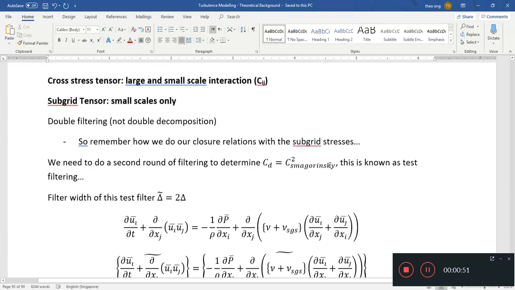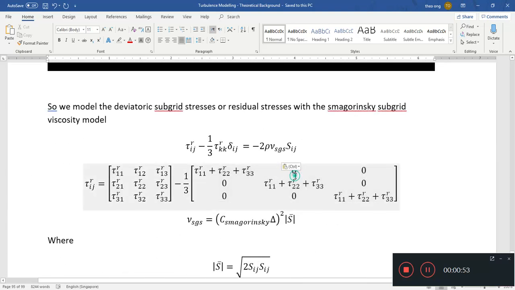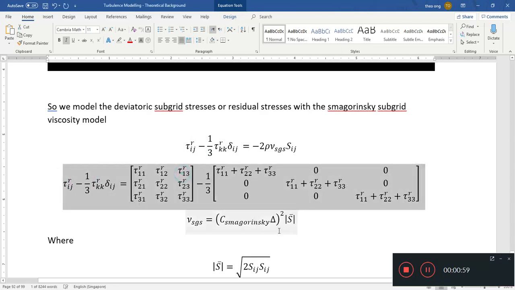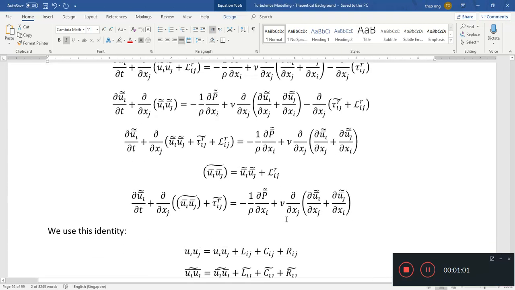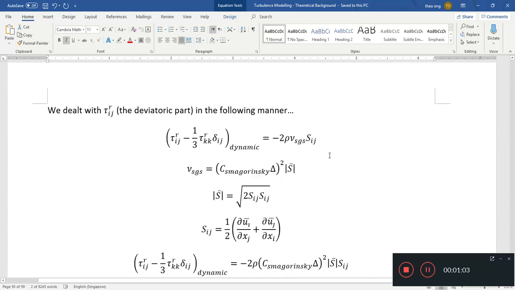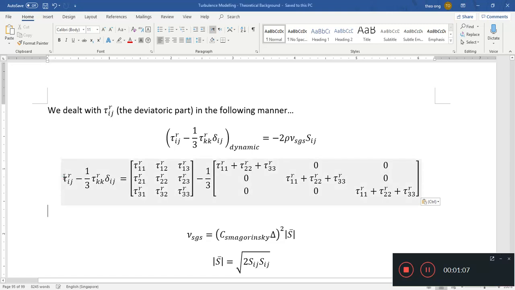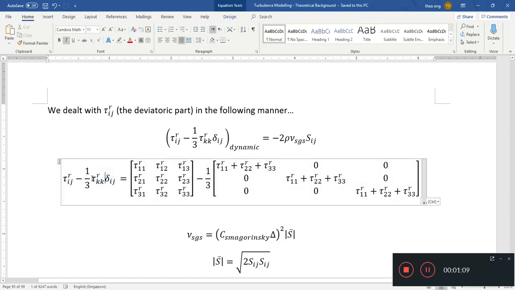So just to recap what these are: tau_ij^R minus 1/3 tau_kk delta_ij. There's a summation here, there's a summation here, and there's a summation here.